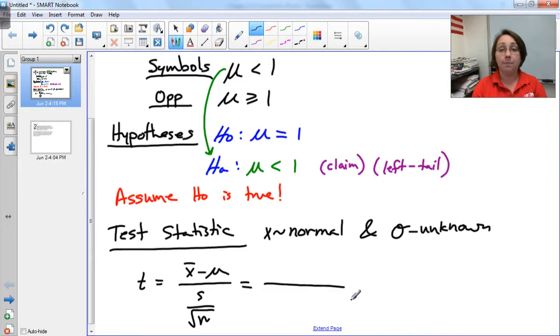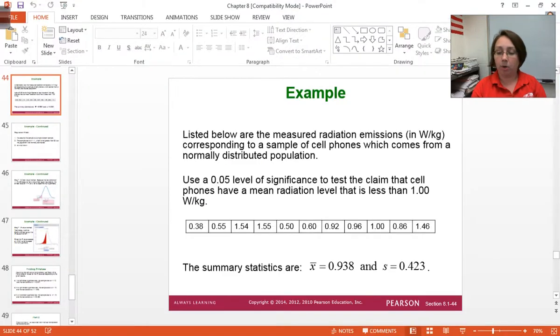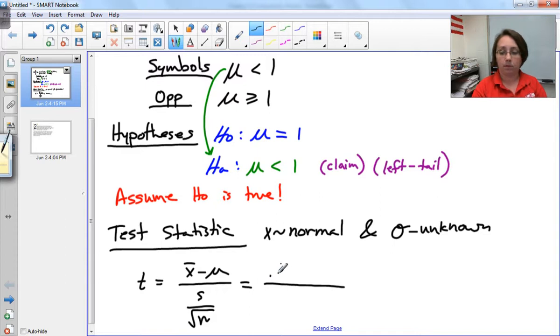So our sample data, I have to go back to the other screen and get it. x bar was 0.938 minus mu. What is the mu value? Where is that? We don't know what mu is. That's what the whole purpose of this is, right? Oh wait, we made an assumption.